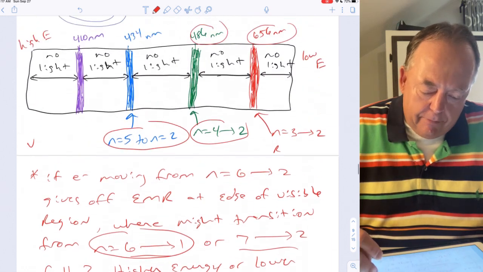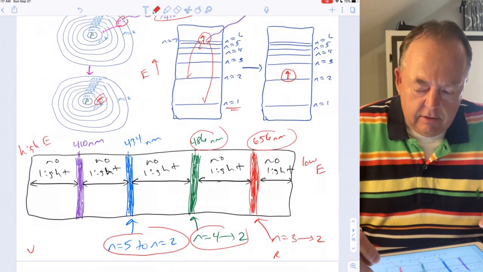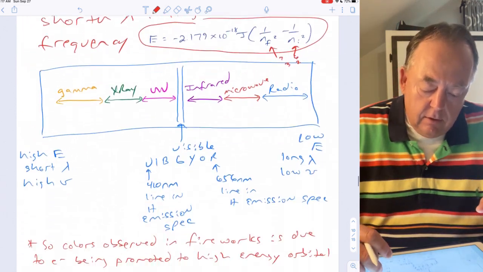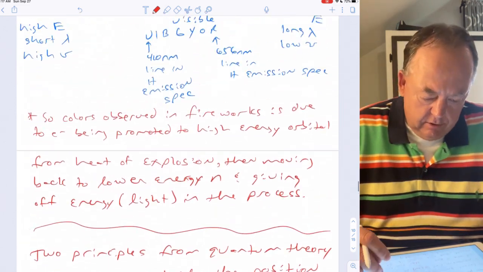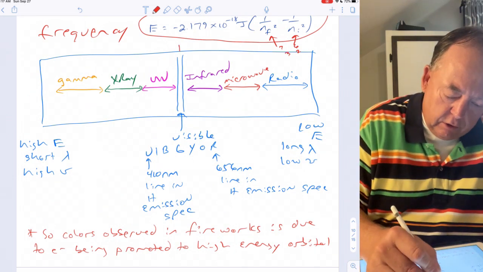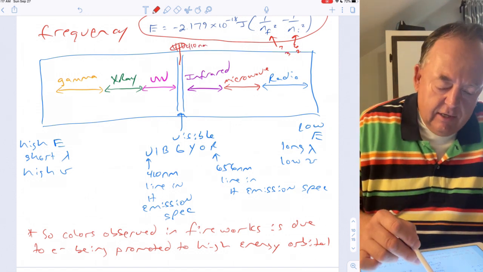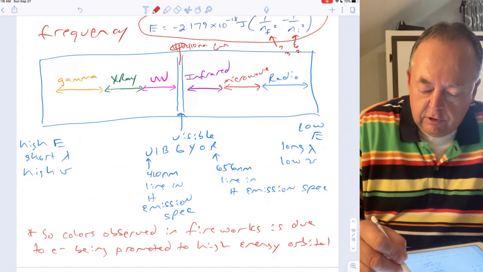So if the electron happened to move from the 6th shell all the way to the 1st shell instead, then that would emit light of higher energy. So we're here in the visible region with the 410 nanometer, right? That's violet light in the visible region, and that's for a 6 to 2 transition.